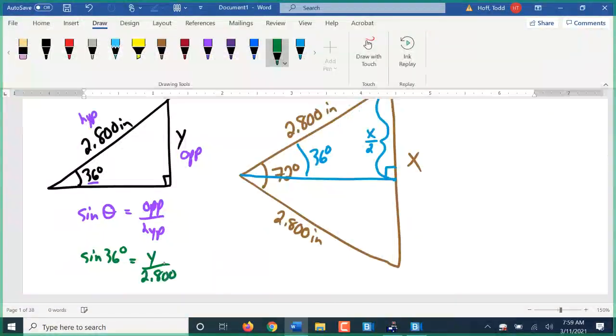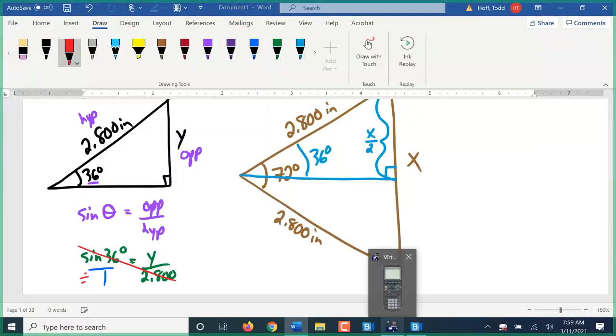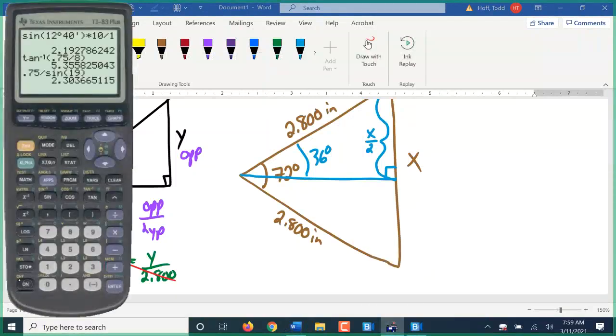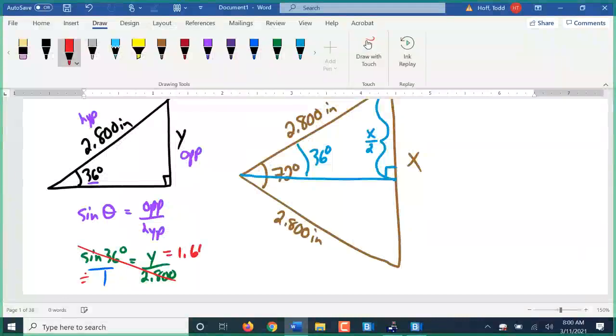And our hypotenuse is 2.800 inches. Put this over 1, and we're going to cross multiply and divide. So it's sine of 36, make sure you close the parentheses, times 2.800, then divided by the 1. I get 1.6458 inches. That's y.